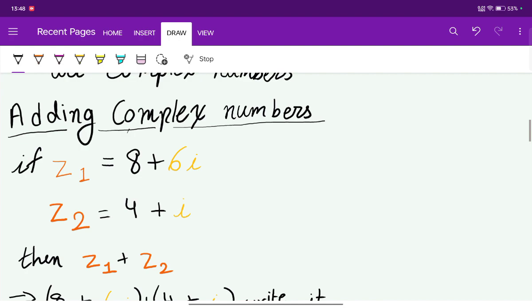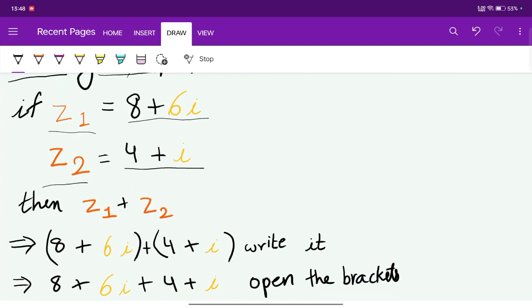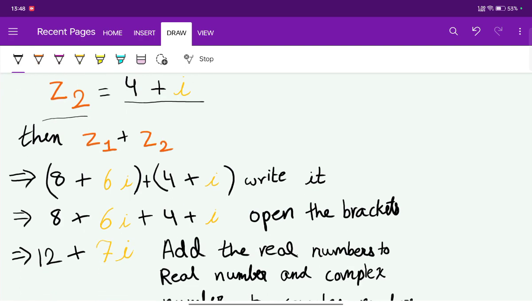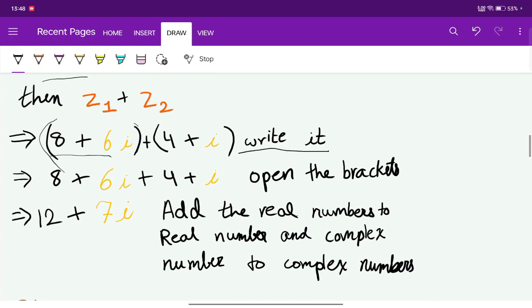Adding complex numbers. If z1 is equal to 8 plus 6i and z2 is equal to 4 plus i, then z1 plus z2. We have to first write it, 8 plus 6i, and both of them have to be in brackets. Then we open the brackets: 8 plus 6i plus 4 plus i.